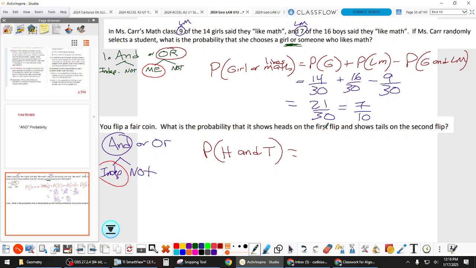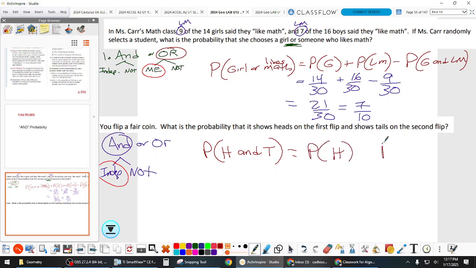I'll show you another couple after this: if I pull something out and don't put it back in, and in this case we're flipping a coin so that's not really a thing, but we talked about marbles, or cards in a deck. If I take one out and I don't put it back, then what I drew first does matter. It changes the result after that.